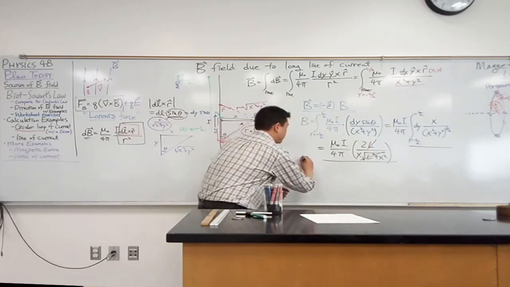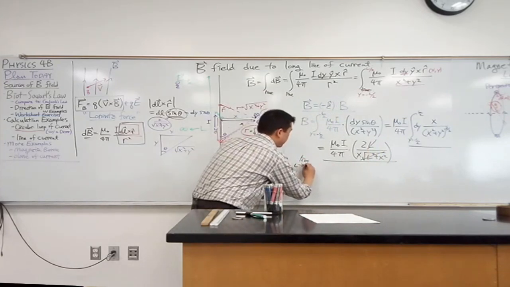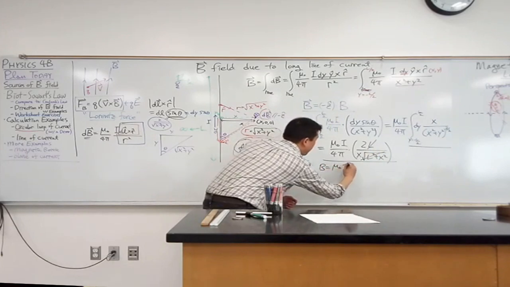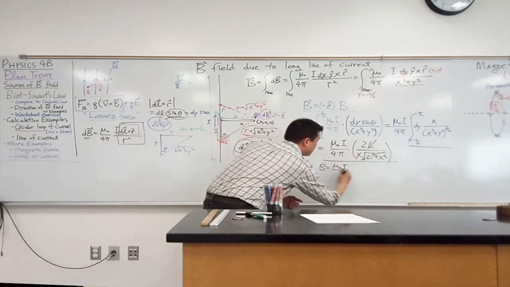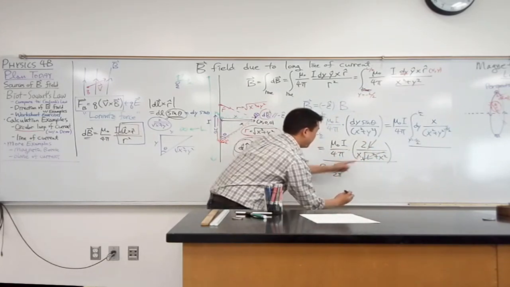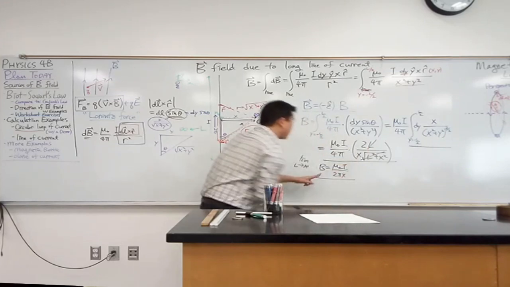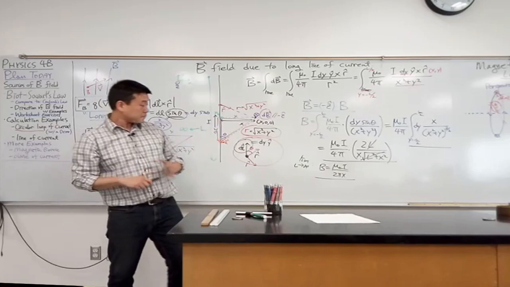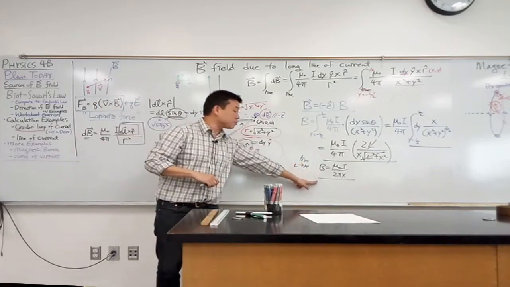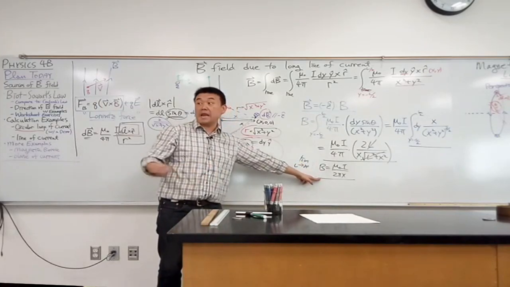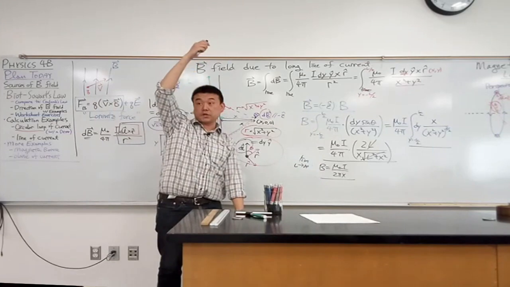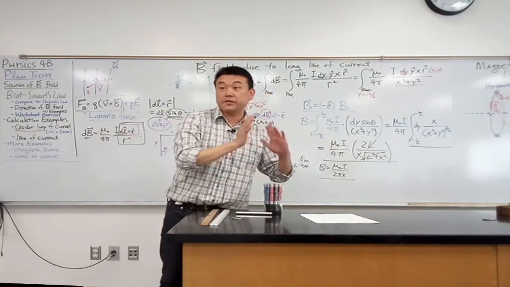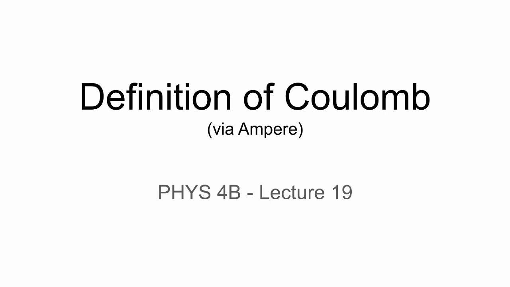So in the limit that L goes to infinity, you get B is equal to mu naught I, the 2 cancels that, over 2 pi x. And we are going to point this out later, especially as we do Ampere's law. This begins to look very similar to the magnitude of the electric field due to a long line of charge. And we are going to bring attention to that similarity later.